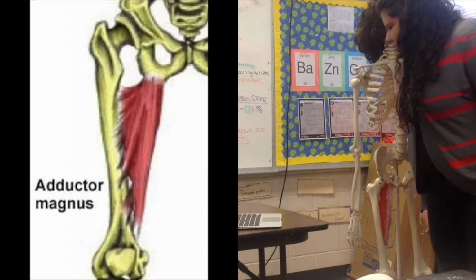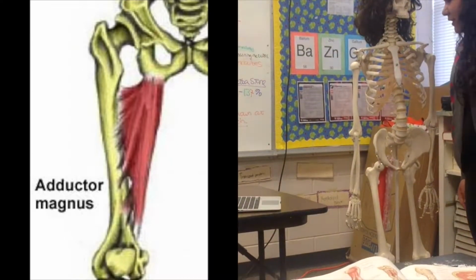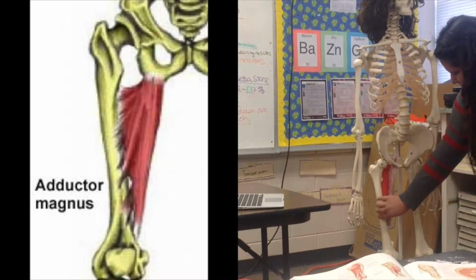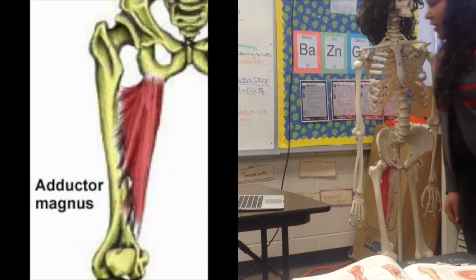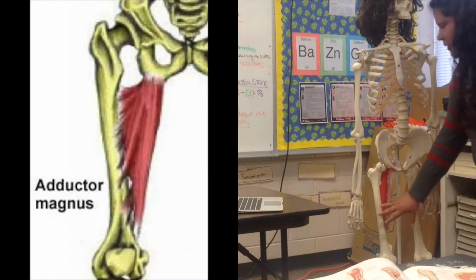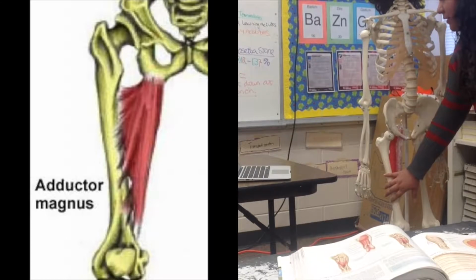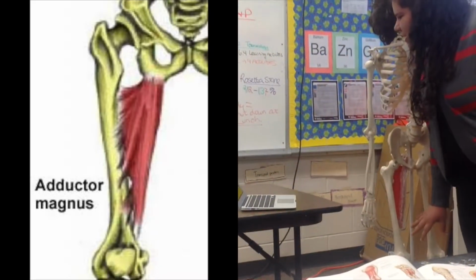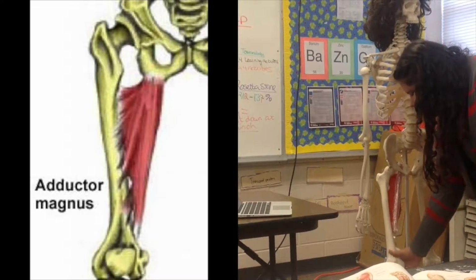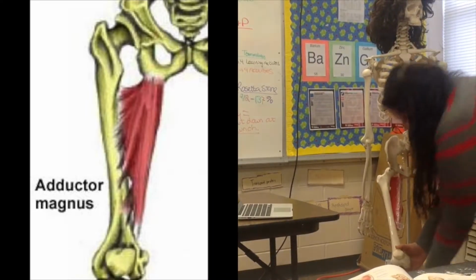And for its insertion will be the posterior surface of the femur, which is right there. And for its action, it abducts the thigh, which means it's going to bring it into the medial of the body. It extends this portion, so I'm going to extend the leg like that.